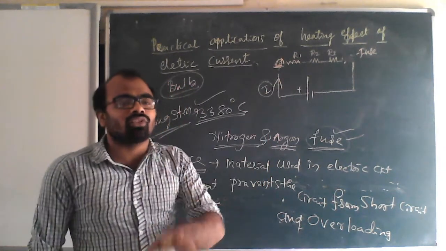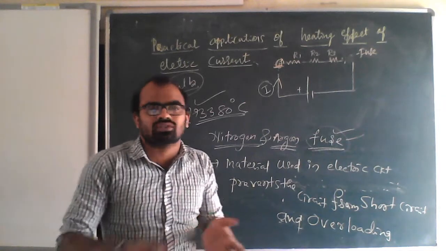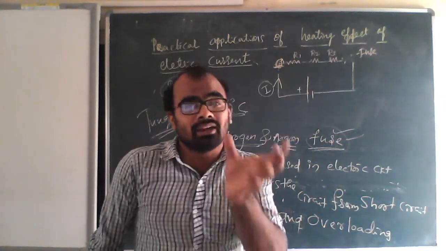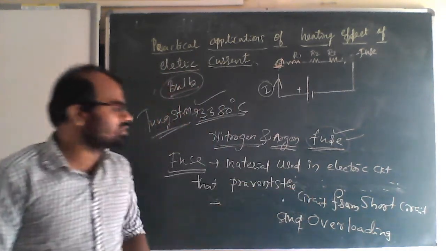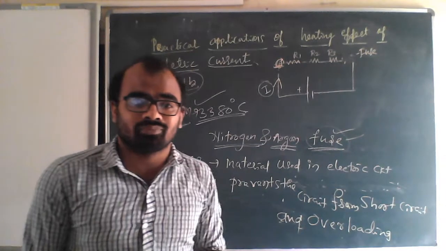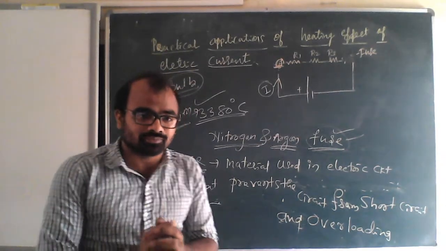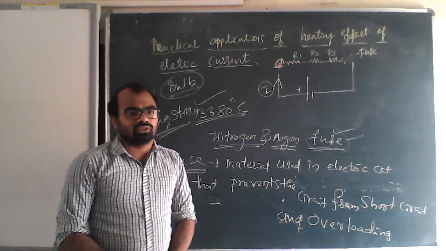When the current does not flow in the circuit, there is no short circuit or overloading. So the fuse is the material that prevents the circuit from short circuit and overloading. This thing you should remember. I hope you all are clear with the fuse.